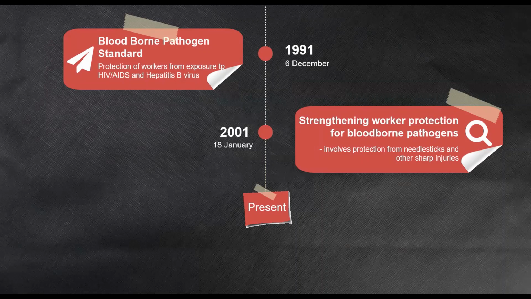Because of the strengthened standard, there was a decrease in the number of needlesticks and other sharps injuries. Up to the present, OSHA continues to release work guidelines that advocate work safety.